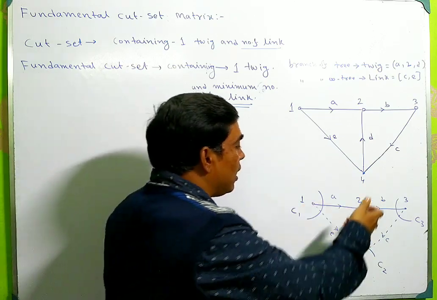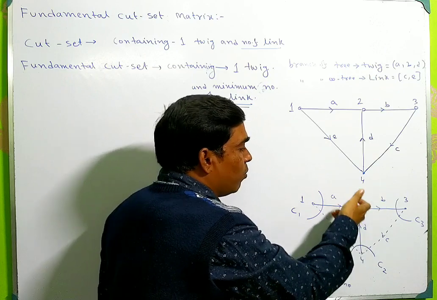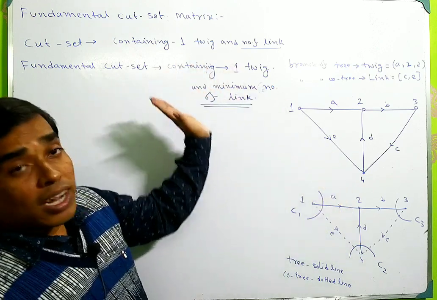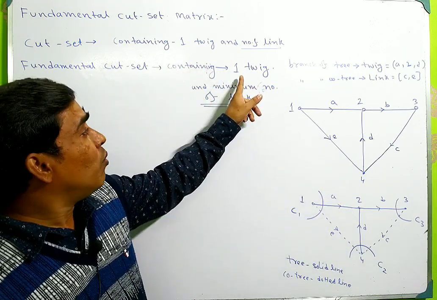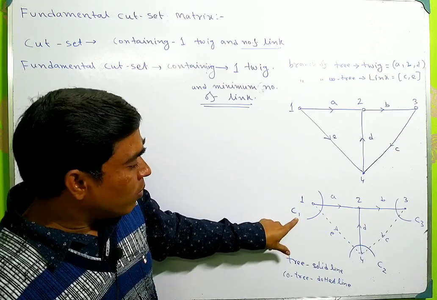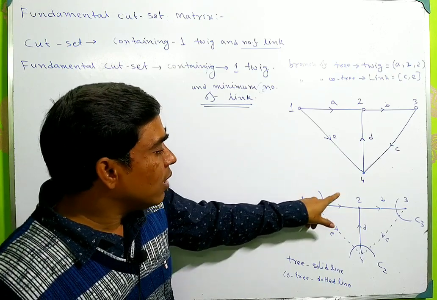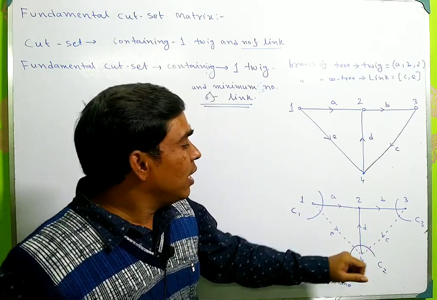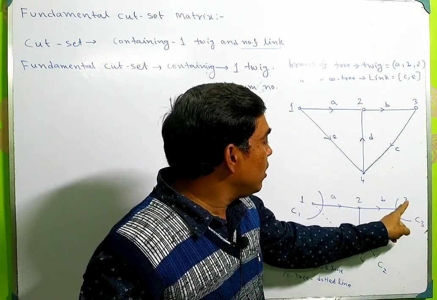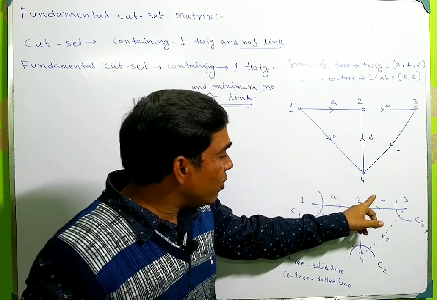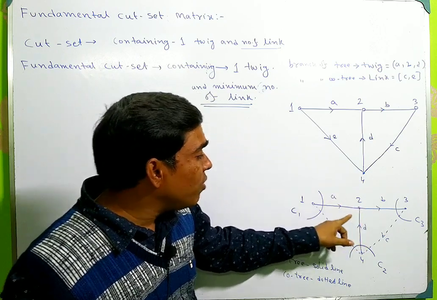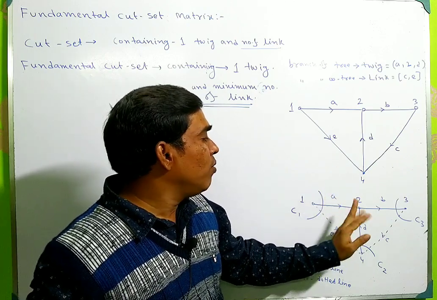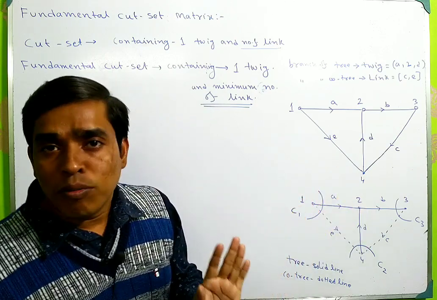You cannot take this as a cut set because it contains 3 twigs. So a cut set must contain only 1 twig. Cut set C1 takes twig A, C2 contains only twig D, and C3 contains only B. If a cut set contains 3 twigs, it's not possible.